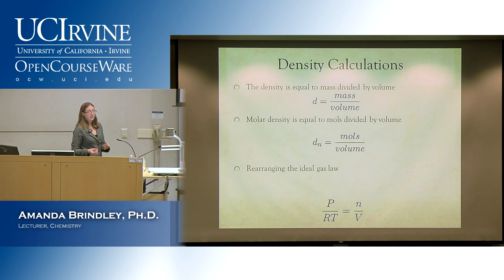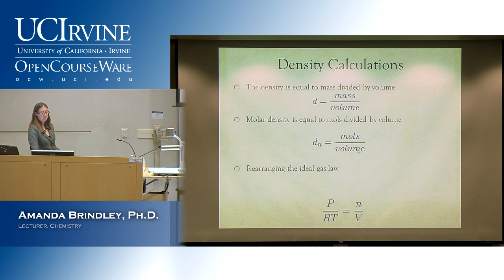It's convenient in the lab because you can measure it. It's nice to be able to scoop out a sample on a plate and weigh it. But it's not very convenient for doing calculations. We always have to convert to moles, which luckily for us is not that big of a deal. It's just multiplying or dividing by something. And so we can still use grams all the time, but now we want to be able to use this molar density too. Because what would be our unit here?